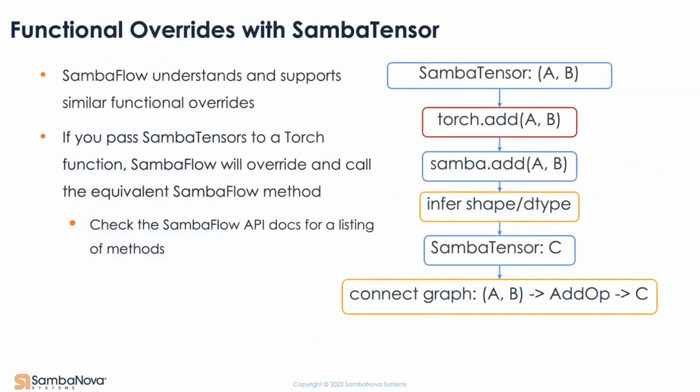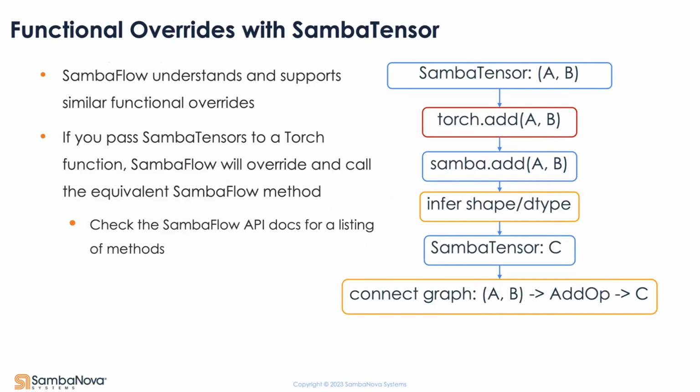In that, when you're using Samba tensors and you pass a Samba tensor into a torch function, SambaFlow will intercept that and actually call the appropriate SambaFlow function on that. So for example, here, you have two Samba tensors, A and B, and you want to add them.